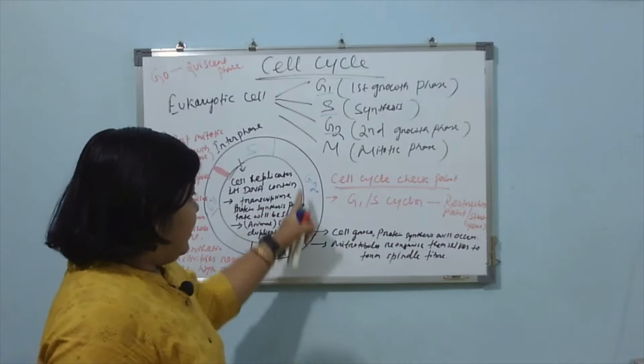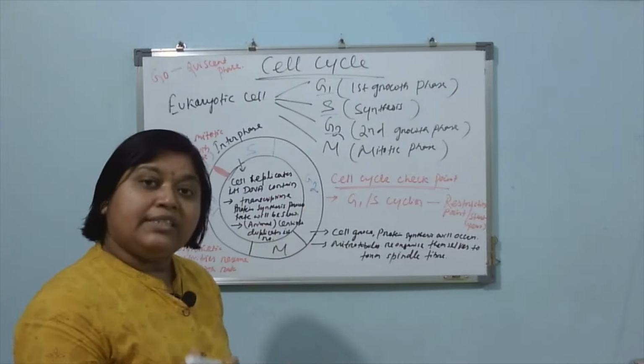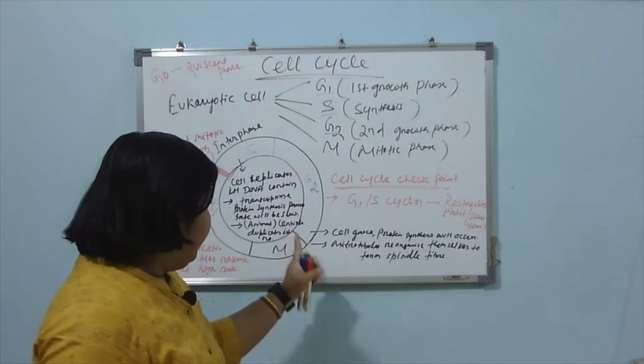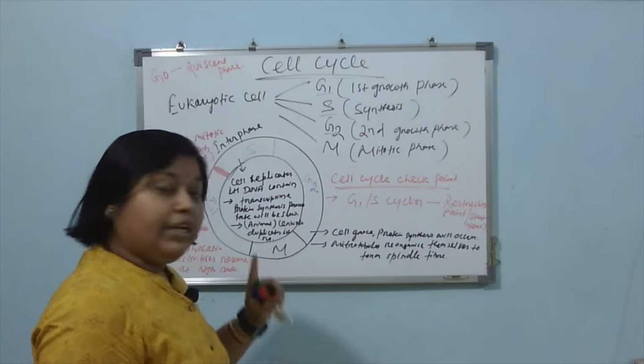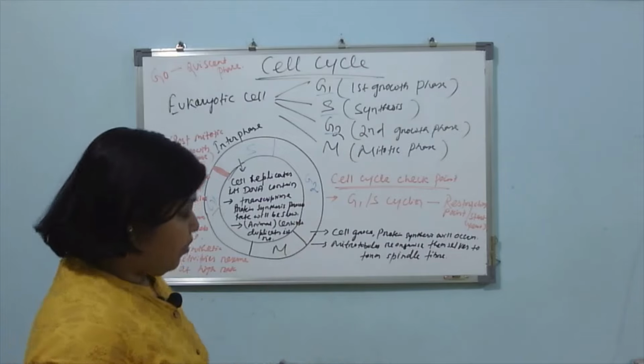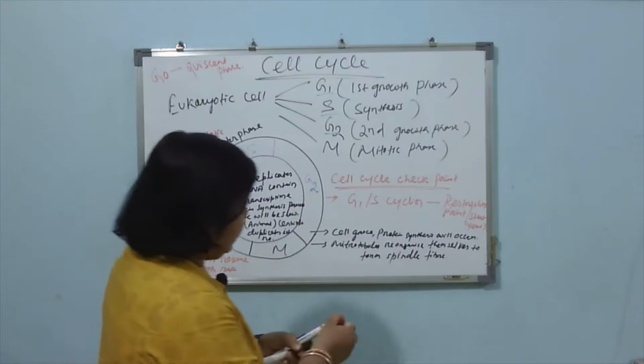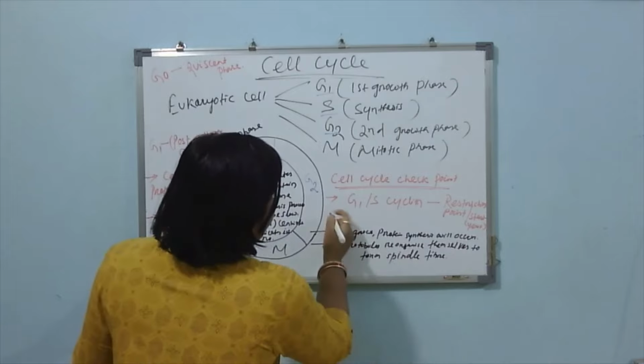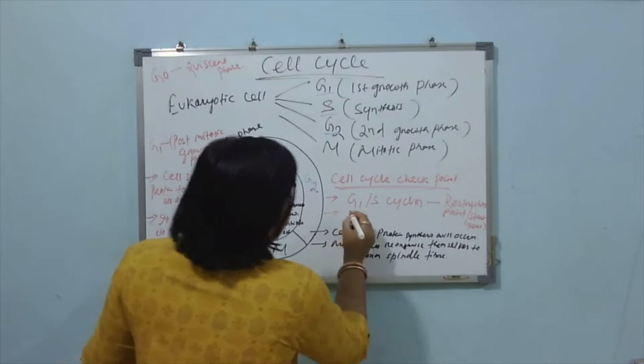To check in this phase whether the cell is eligible to enter into the mitotic phase or not, you will find one checkpoint. That checkpoint is the G2M checkpoint.